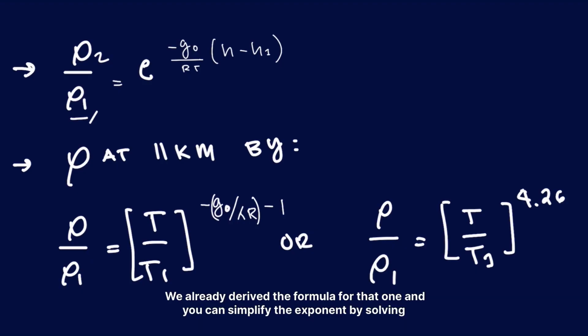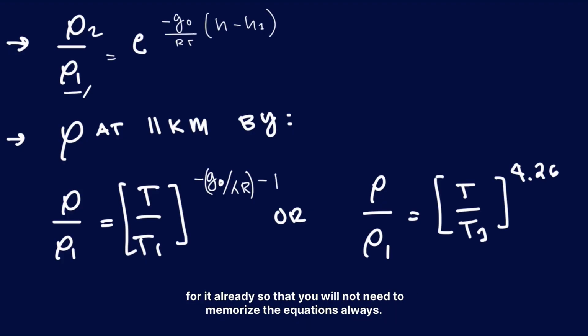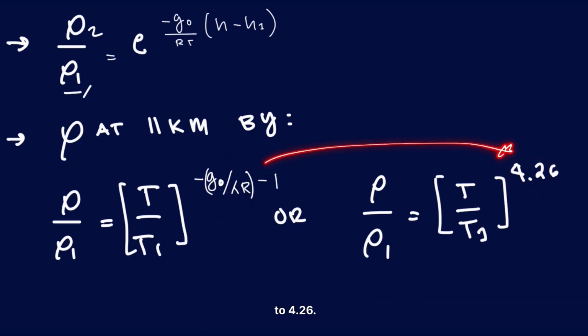We already derived the formula for that one, and you can simplify the exponent by solving for it already, so that you won't need to memorize the equations always. That exponent is equal to 4.26.